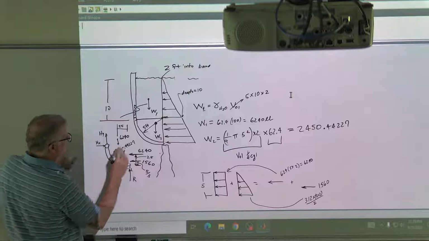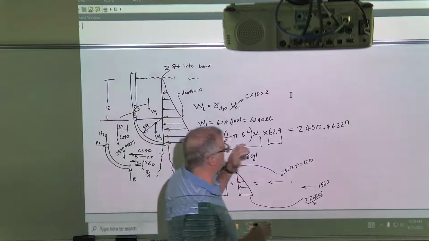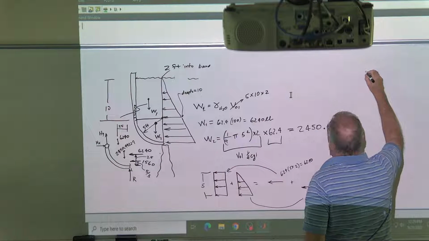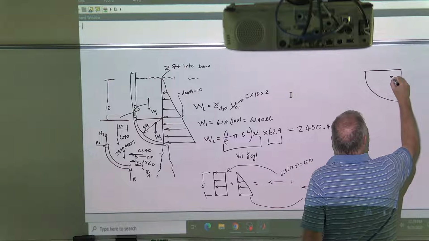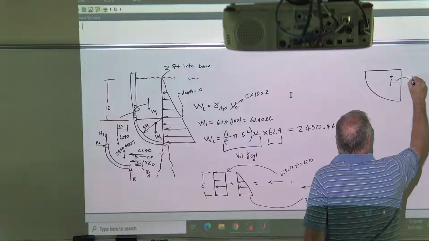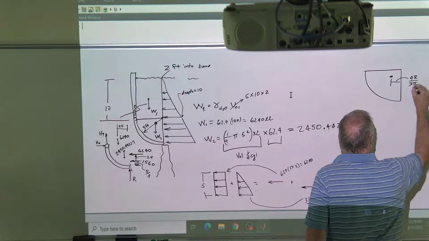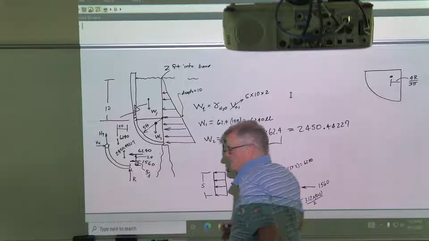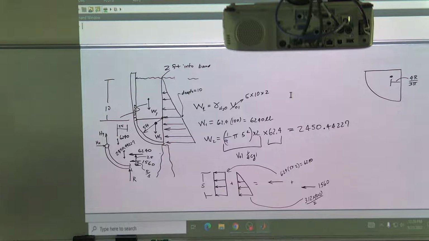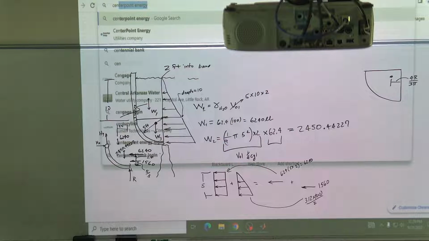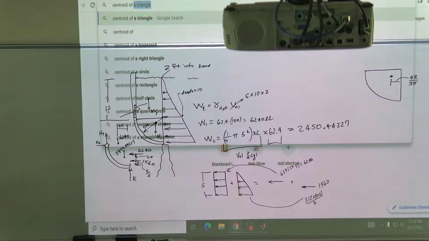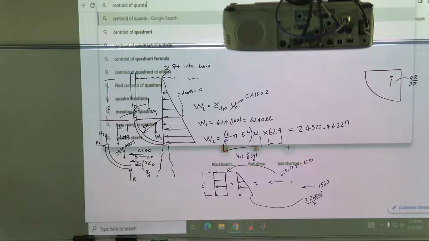It's 2.5 here. This one is different, and it turns out if you look in the book somewhere, let me see if I can draw this. The centroid of a quarter plate, I believe, is 4r over 3 pi, if I remember right. But I could find it in the book, but I may do better to just search for quarter plate, quarter circle.